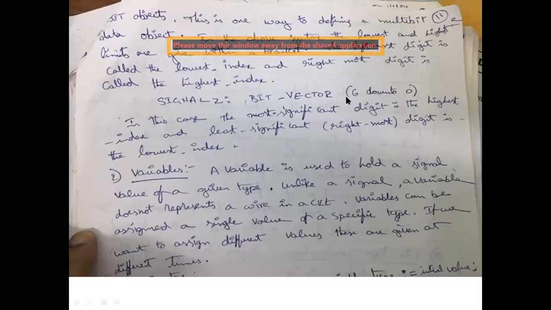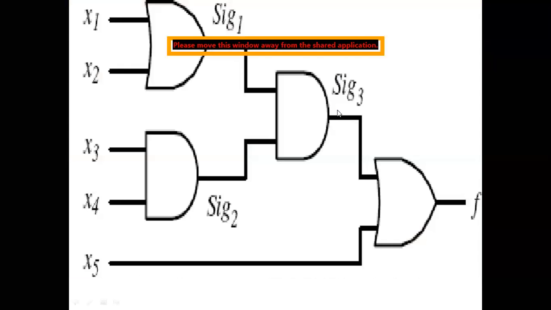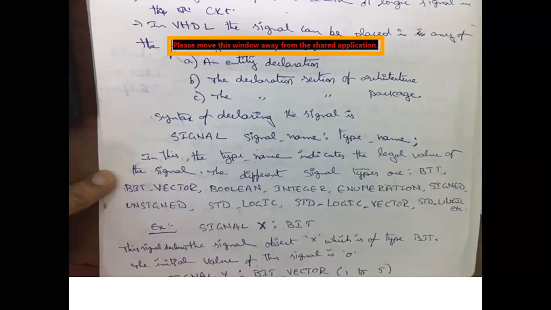To declare the length of bits, we always mention it in between parentheses. If the bit size is 7, then we can represent it as 6 down to 0. Or otherwise, see this example, signal Y colon bit vector 1 to 5.